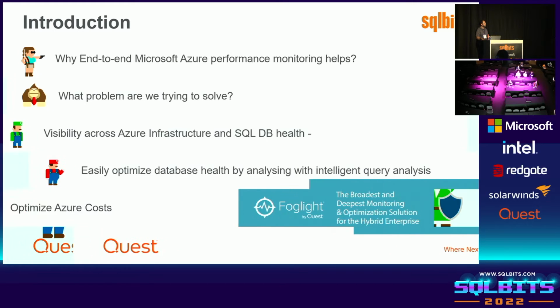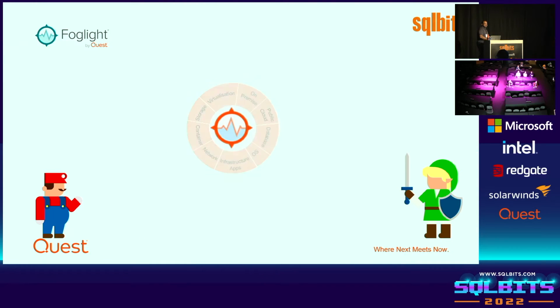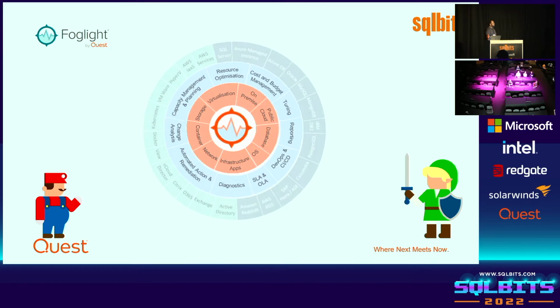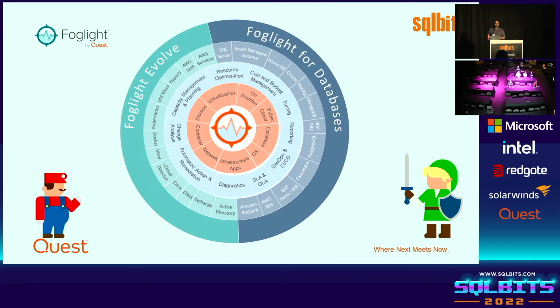and how you can take steps forward. So very quickly, I'd like to introduce you to Foglight. Foglight is a monitoring product. There are two sides to it. If you see, there are two semicircles. On the left-hand side, we have something called Foglight Evolve. Foglight Evolve covers a lot of aspects on infrastructure monitoring, right from Azure, AWS, and VMware on-prem infrastructure.